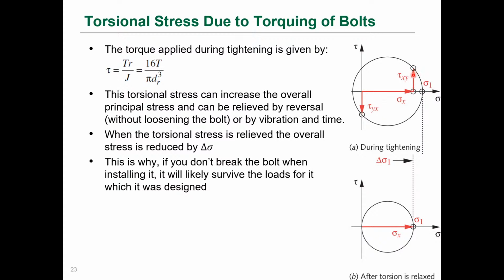Or it'll be relieved over time through vibration, or just while it's in service. It's well known that this shear actually relaxes. When it relaxes, the preload actually goes down, or the state of stress in the bolt goes down.